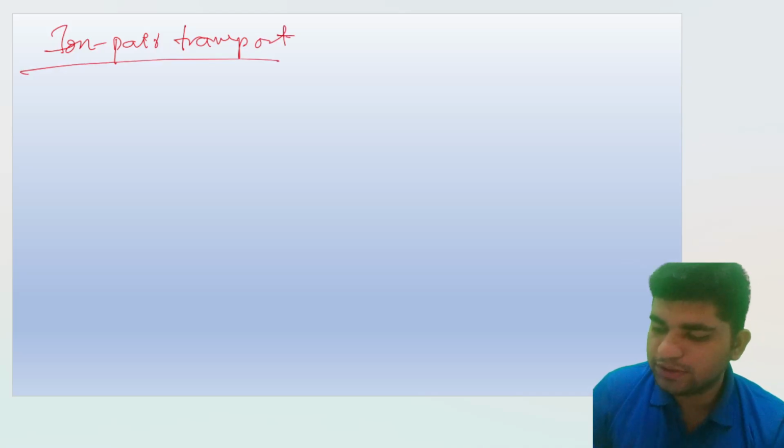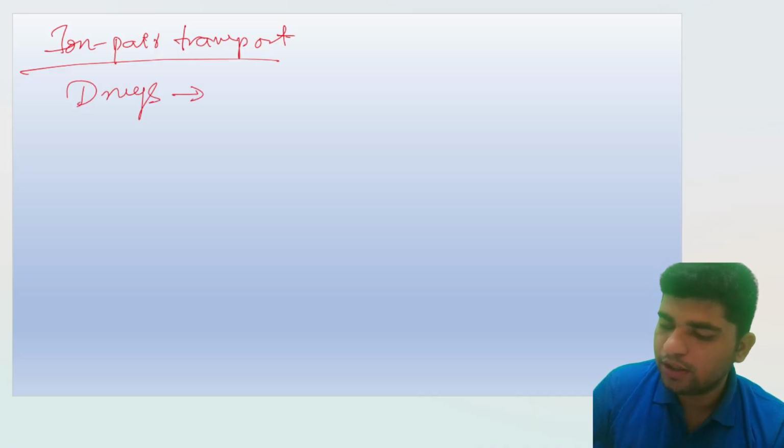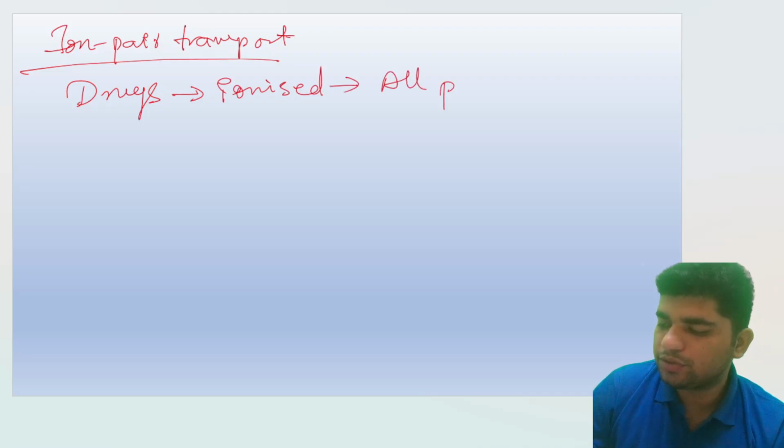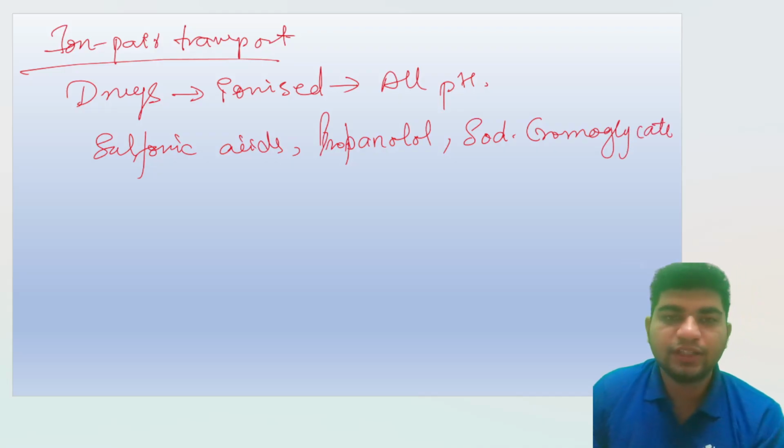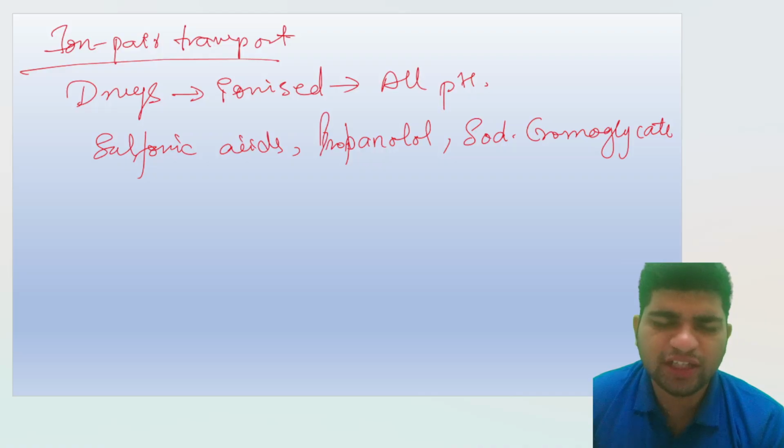There are some kinds of drugs which are ionized at all pH, for example sulfonic acids, propranolol, and sodium cromoglycate. These drugs are ionized at all pH, whether it is 3, 6, 8, or 12. Whatever it is, they will be in the ionized condition.